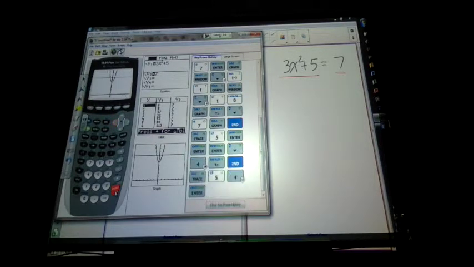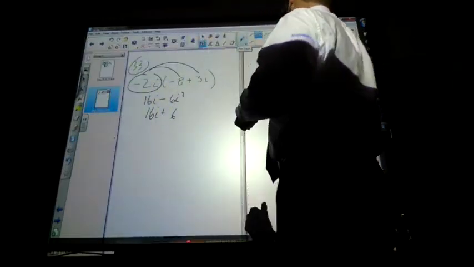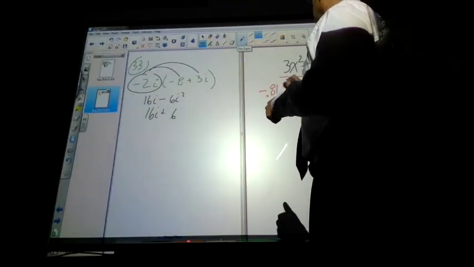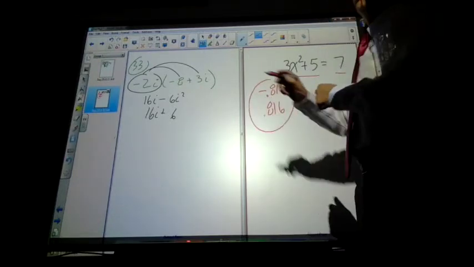So that was 0.86 on one side. I don't want to guess. And I get negative 0.816 on this side. These are the two solutions to the problem.